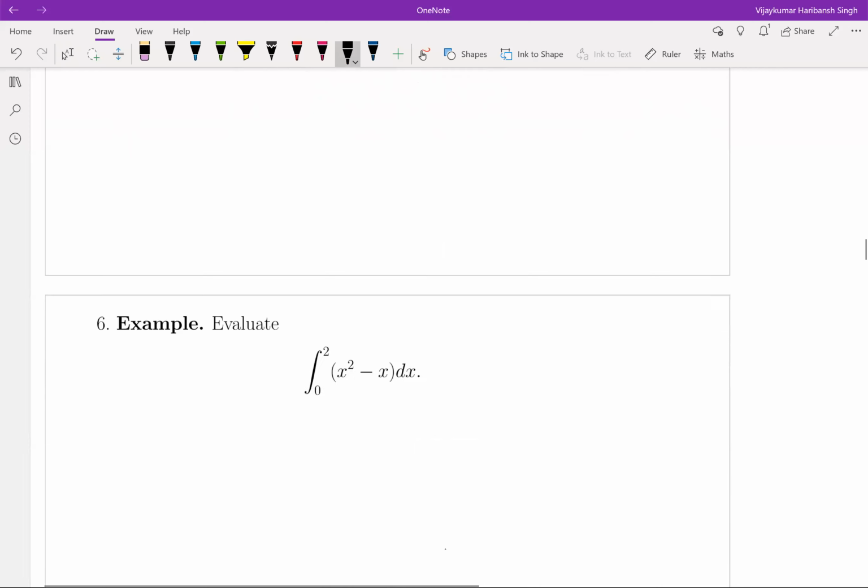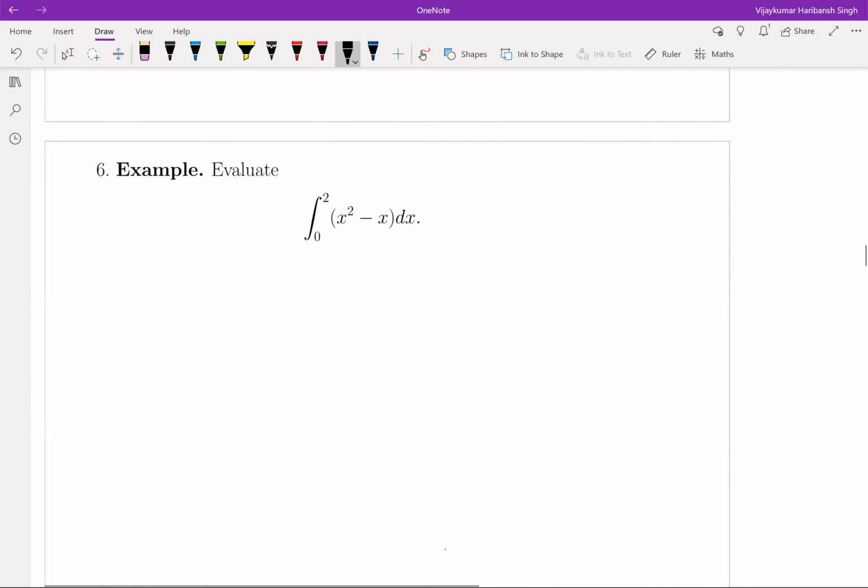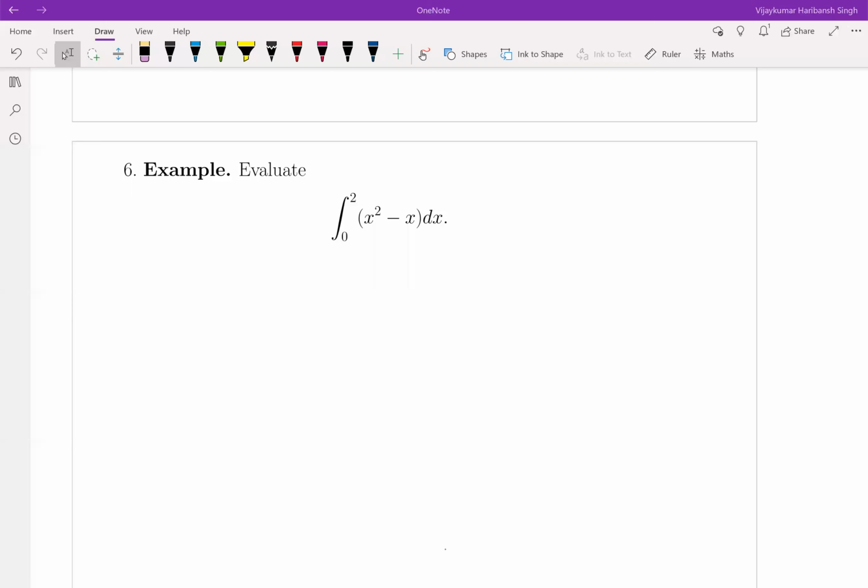So let's try to do the following problem. Could you try to do the integral from 0 to 2 of x squared minus x dx? Let's try to do this together. So in this case, what is my delta x? Delta x is going to be (2 minus 0)/n, which is 2/n.